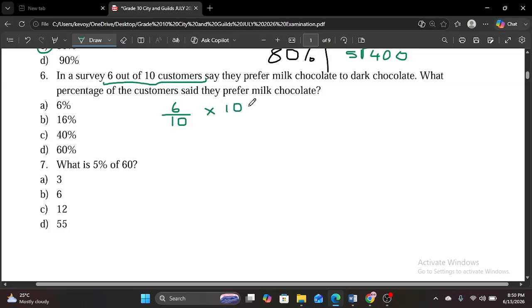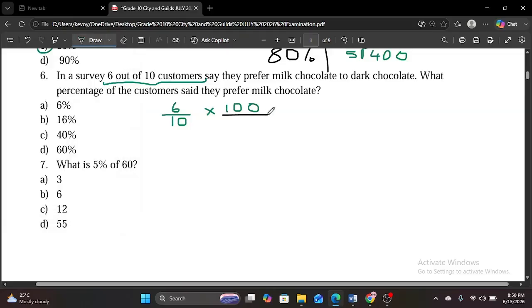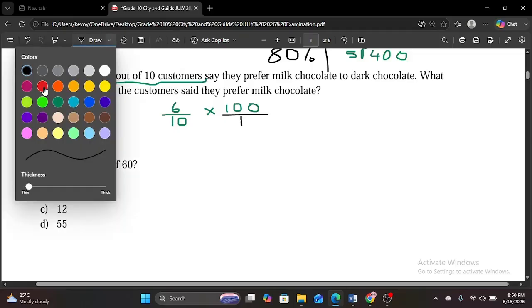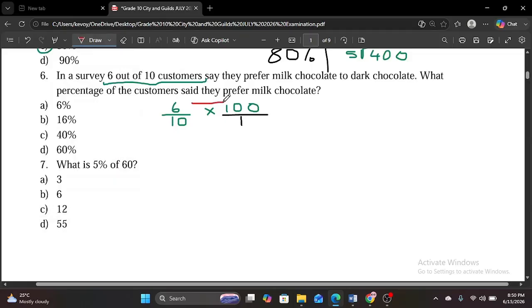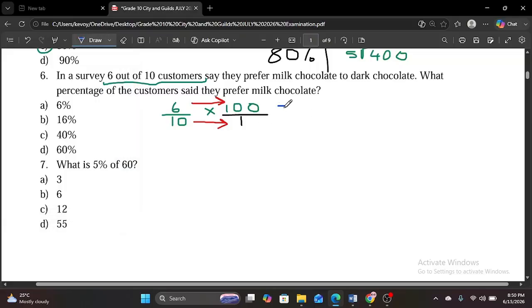All right. And we say that anytime we multiply a fraction by a whole number, we put the number over 1. So we end up having 2 fractions. And if we have 2 fractions, we multiply numerator times numerator and denominator times denominator. So that's going to be 6 times 100, which is going to be equal to 600.